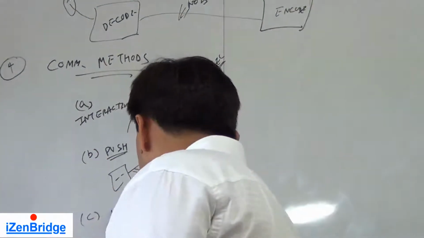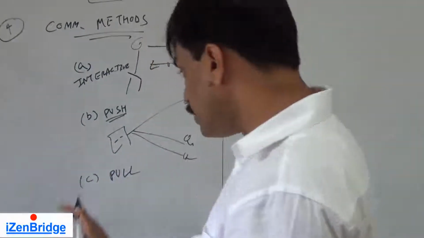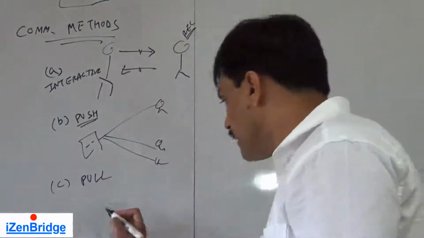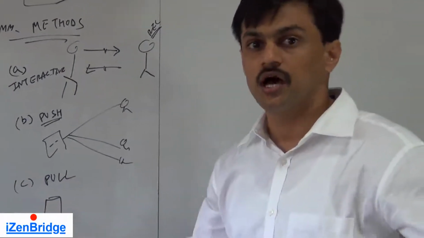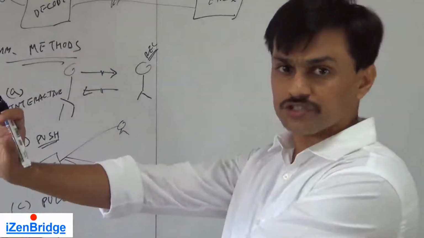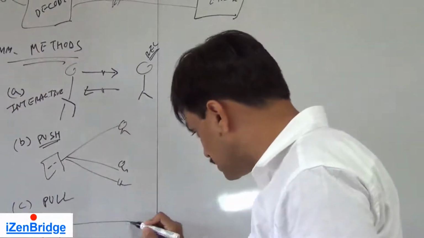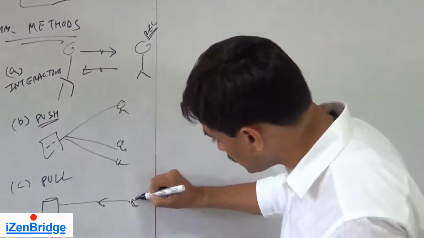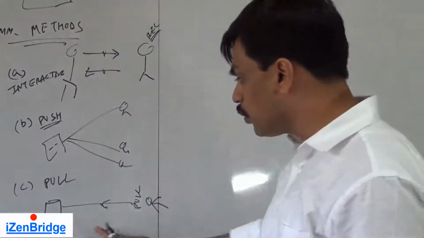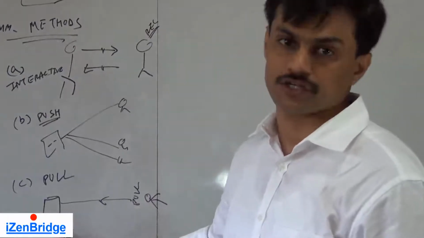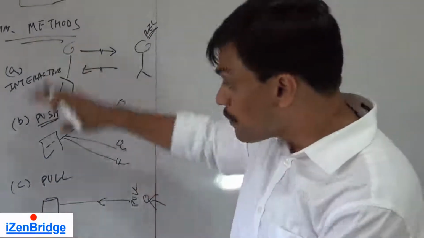The third model is pull, where you are not pushing anything, but you have said that at a given frequency I will publish a status report at this repository. So whoever needs it can pull it. So if I am interested in knowing what's going on in a project, I go to a project dashboard and I check it. So in a project, you need to apply all these three.